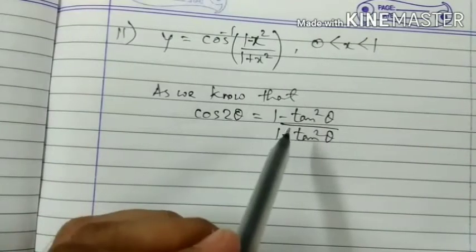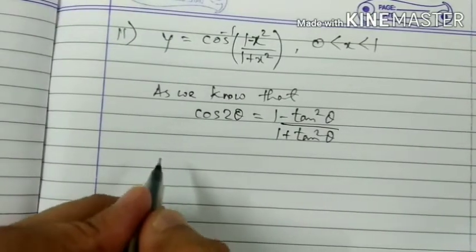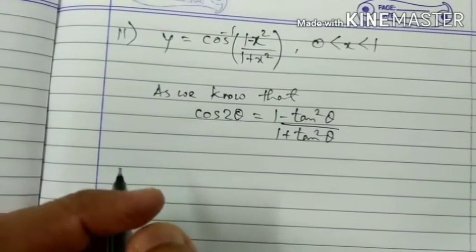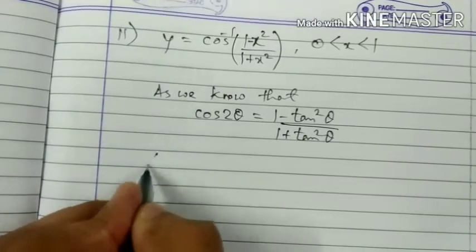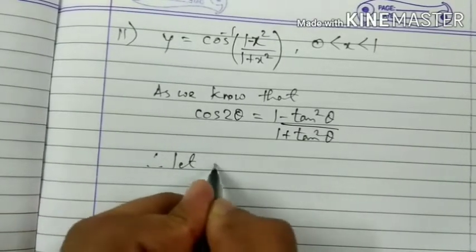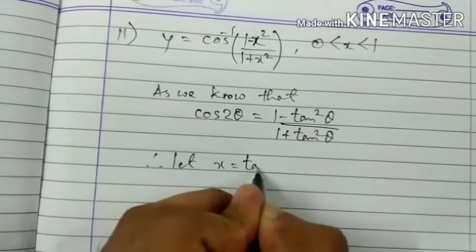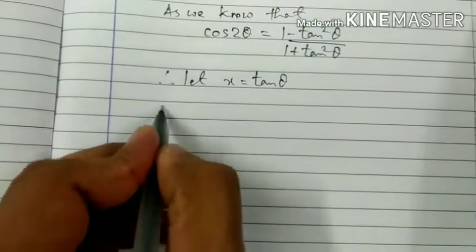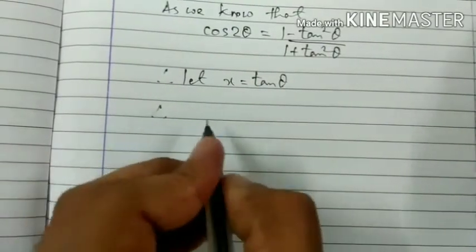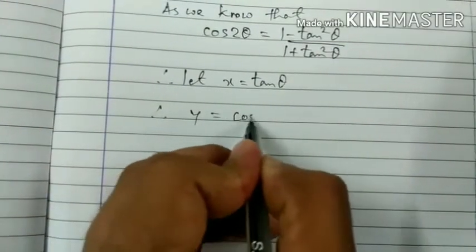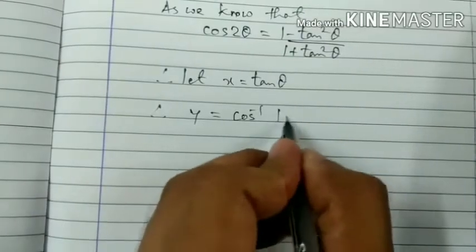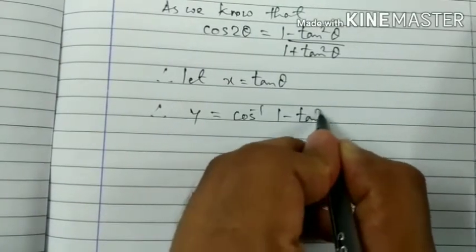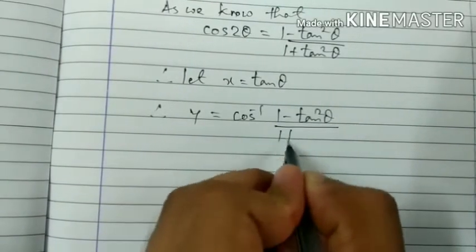So here we can see that if we assume x equals tan theta, then the example can be solved. So let us assume x equals tan theta. Now putting x equals tan theta in the given function, y equals cos inverse of (1 minus tan square) upon (1 plus tan square).